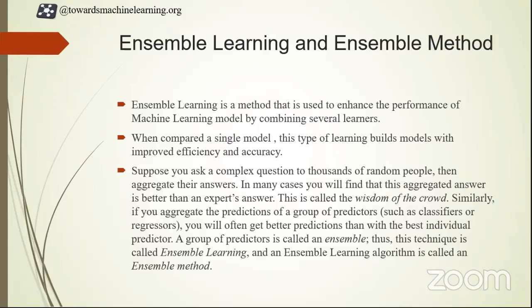In a similar way, ensemble learning combines these multiple weak learners to form one strong learner, which in our case is the president of that club. When compared with a single model, maybe logistic regression, maybe decision trees or any other model, this type of learning builds with improved efficiency and accuracy.